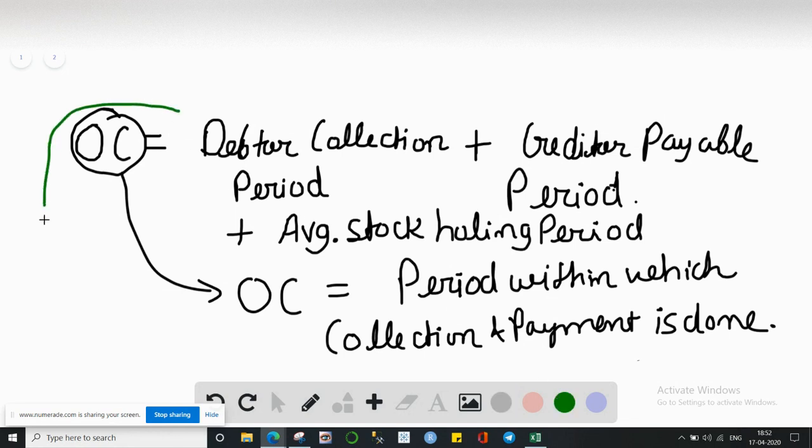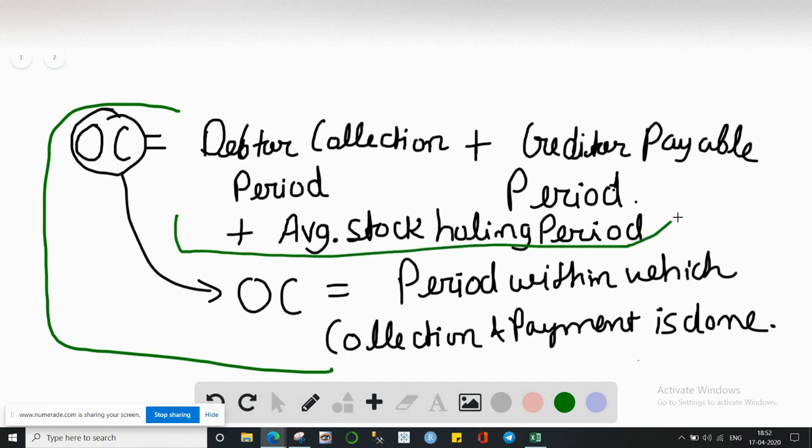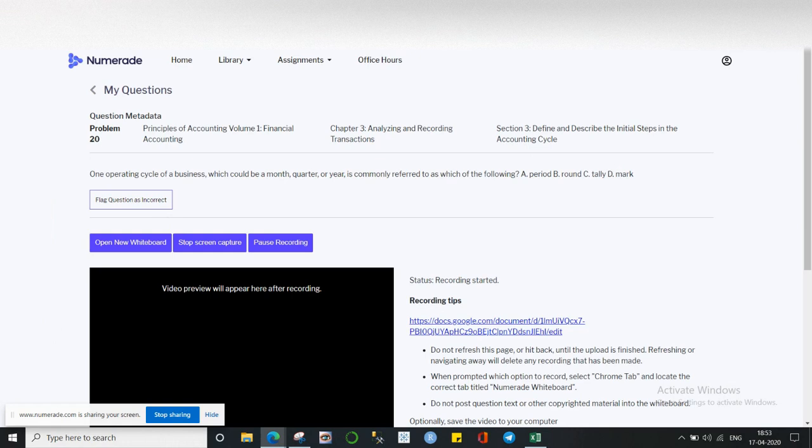Derived from this concept, what? It is just a period, which could be a month, quarter, or year. So forget this detailed statement which I have made right now, it's just for your understanding in detail. Okay, but as of now, we have derived our solution, and it is a period.